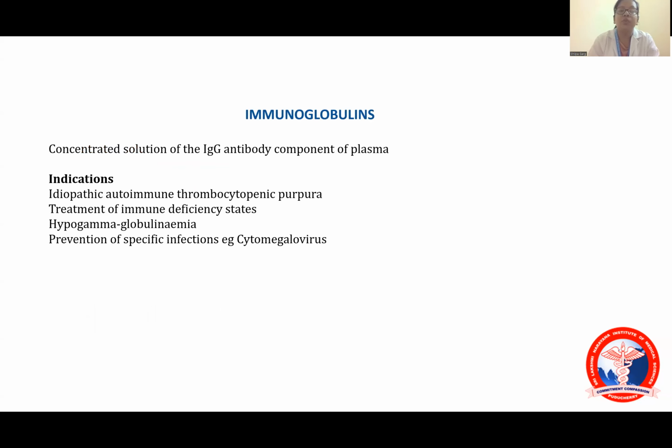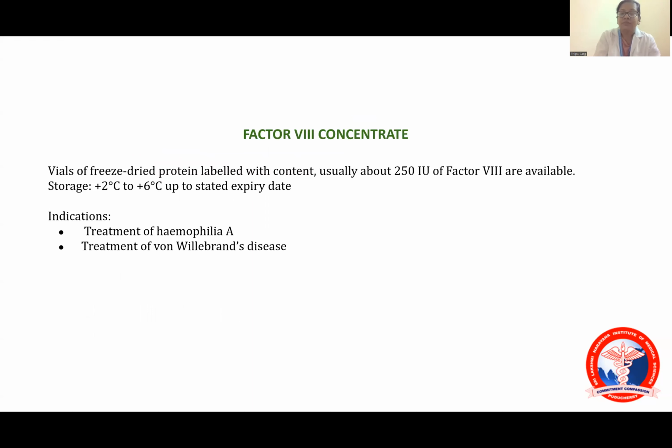Next component is immunoglobulins, a concentrated solution of IgG antibody component of plasma. What are the indications of transfusing immunoglobulins? Idiopathic autoimmune thrombocytopenic purpura, treatment of immune deficiency states, hypogammaglobulinemia, and prevention of specific infections, for example, CMV virus.